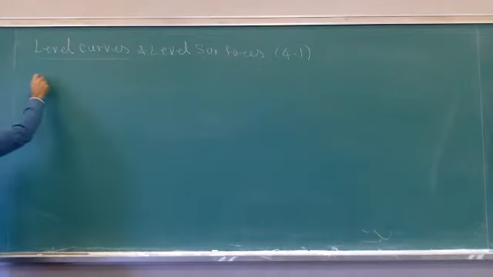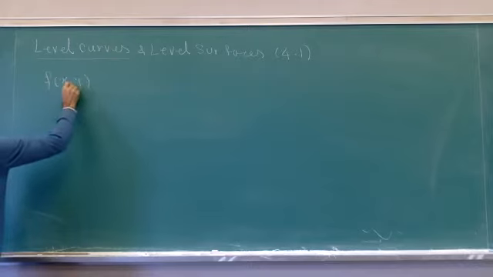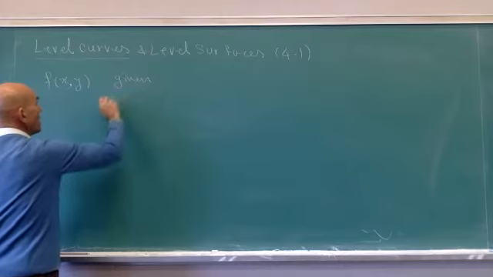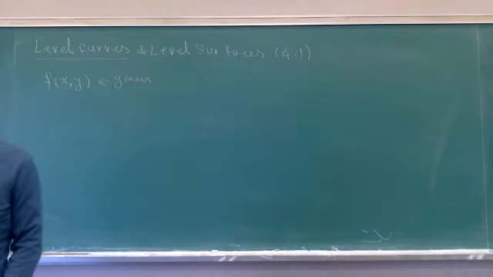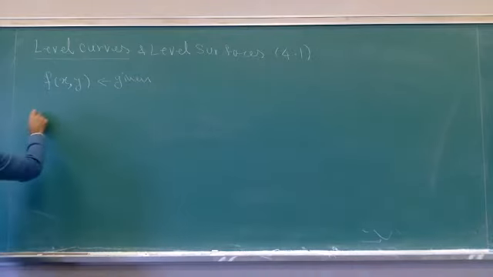Given a function of two variables, f of x and y, you can ask for the set of all points where this function takes a constant value. So let's see.